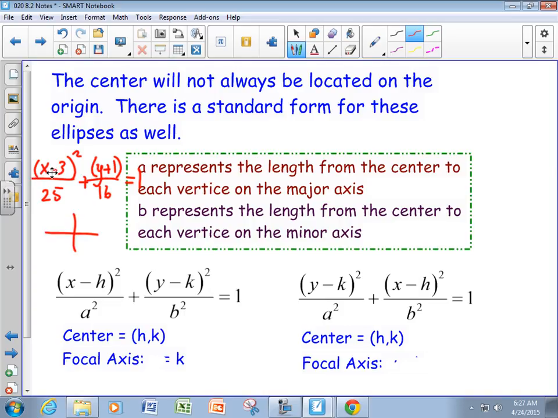But we're going this time off of an actual center that's not 0, 0, so I'm going to go over 3, down 1, (3, negative 1), and from here, I'm going to have to go left and right 5 units to get my vertices set up, so I'd go out 5, this way 5, I'm being real sketchy, and then here I'd go up 4, down 4. But this is my focal axis. This is that major axis because it's got the larger length, the bigger A value on it. So this would be the equation y equals k.